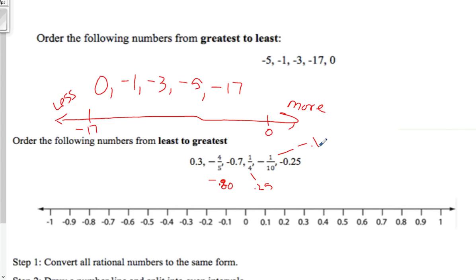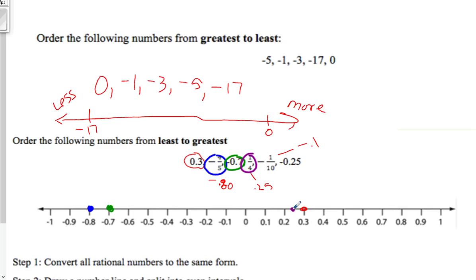So again, I'm going to just keep switching colors to put them on the number line. So positive 0.3 is right here. This one I'll do in red. And then -4/5 is -0.8. That's going to go right here. Green, -0.7 is going to go right here. And let's do purple for 1/4, 0.25 is going to go right in the middle there.